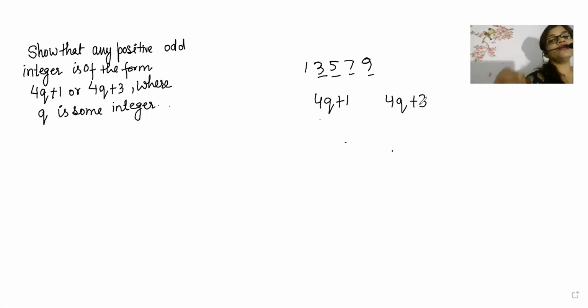Whichever one you pick among these, it will satisfy 4q plus 1 or 4q plus 3. Now you've understood why I took Mohan's numbers: he gave me 5 odd integers, and any single odd integer I pick will satisfy 4q plus 1 or 4q plus 3.